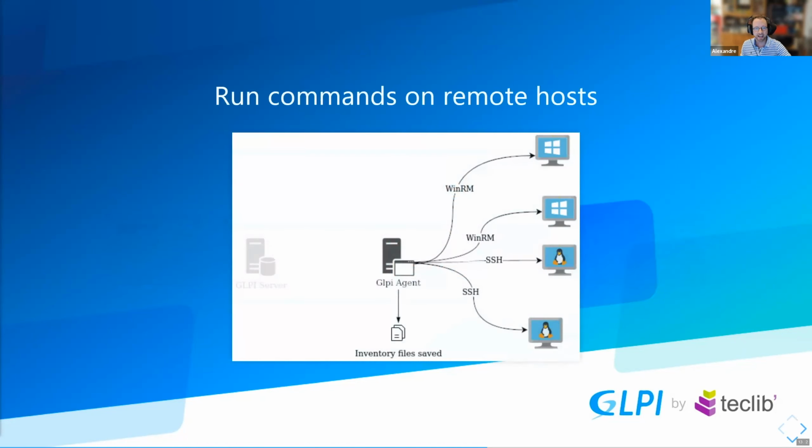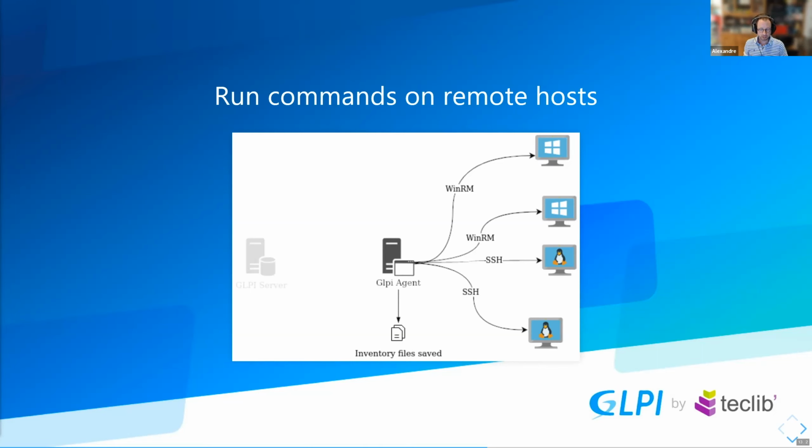For this feature, we only need one agent installed on one trusted computer, and this agent will remotely connect to hosts and ask for inventory data on each host with the previous protocols.